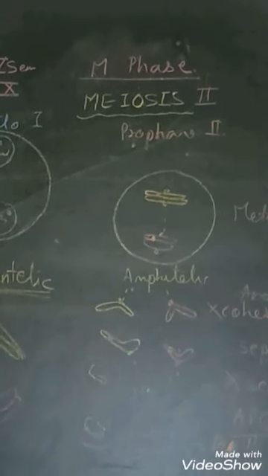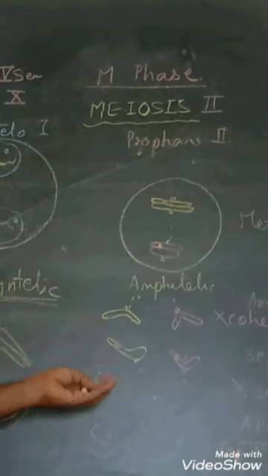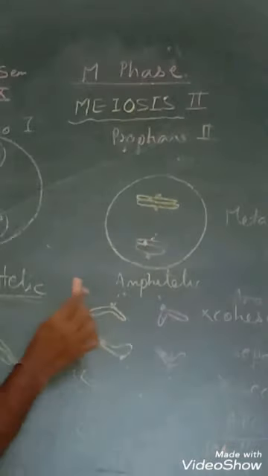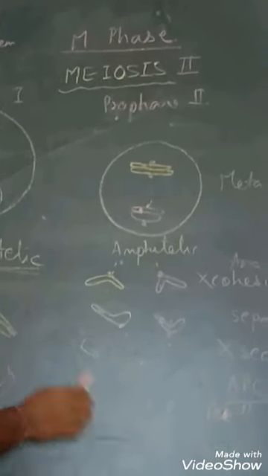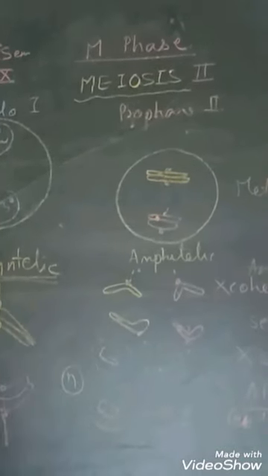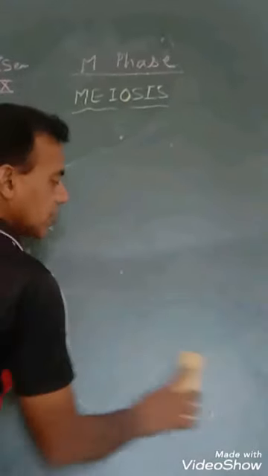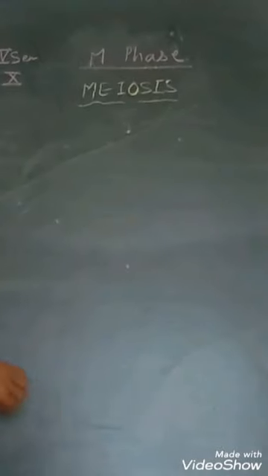Now these 4 nuclei will then make 4 gametes. So this is how meiosis 2 takes place, resulting in 4 nuclei with n number of chromosomes. Now just summarizing what we have discussed in these two sessions about meiosis.